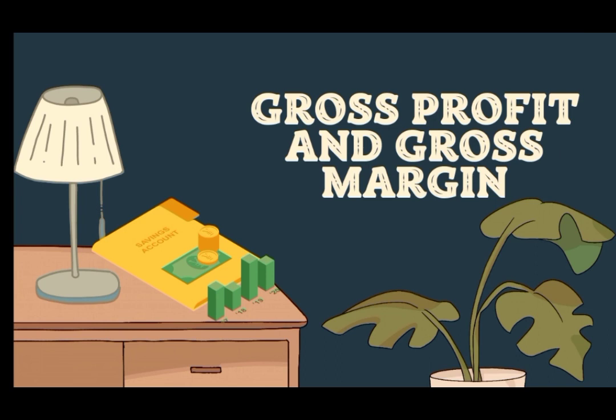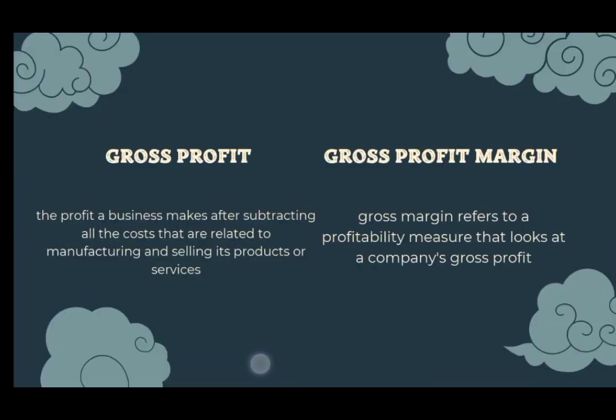Ano nga ba ang gross profit at ano nga ba ang gross margin? Gross profit, the profit a business makes after subtracting all the costs that are related to manufacturing and selling its products or services. And gross profit margin refers to a profitability measure that looks at a company's gross profit.